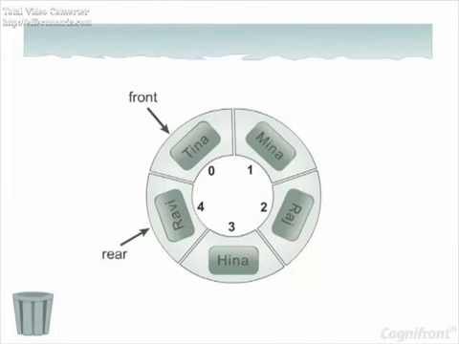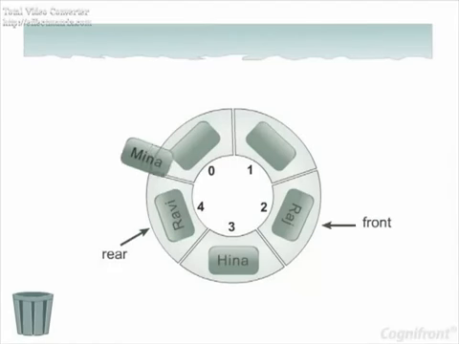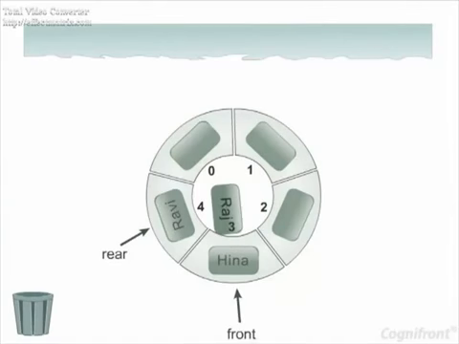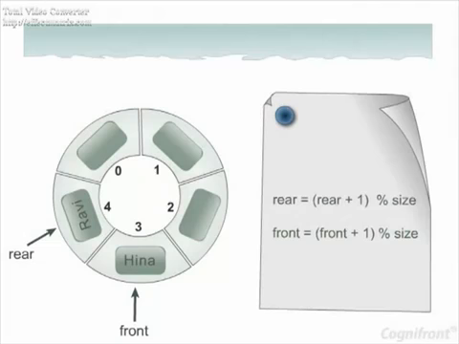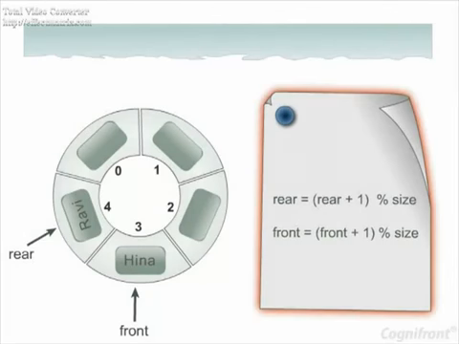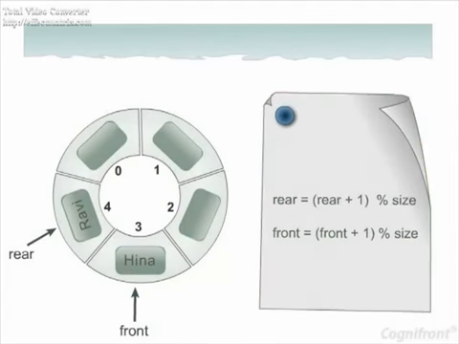Now suppose we delete the elements Tina, Meena and Raj from the queue. Then front is at Hina. The positions of front and rear are set using this formula.